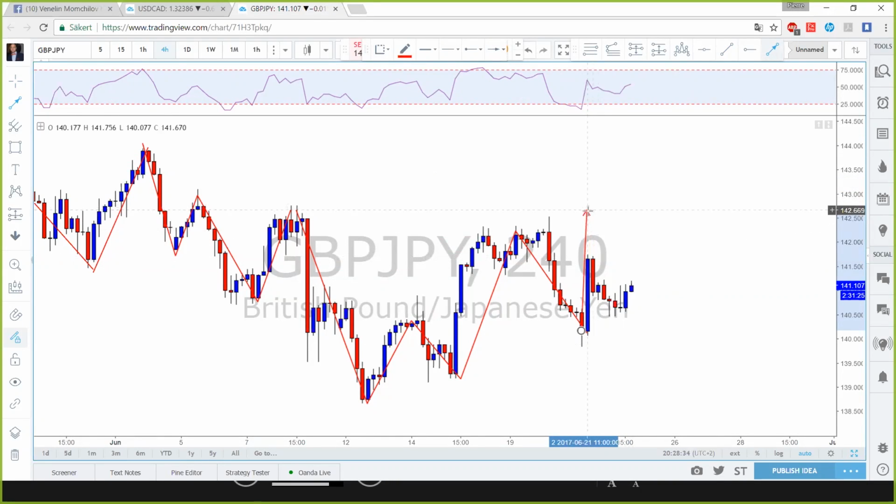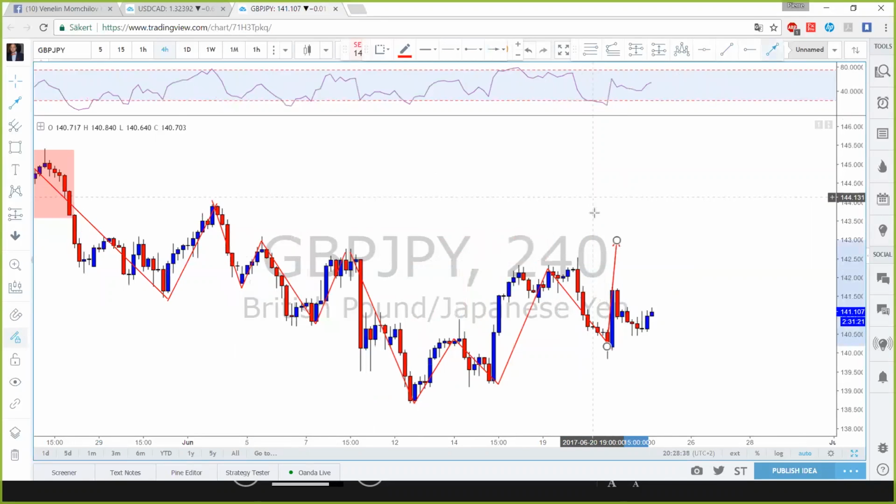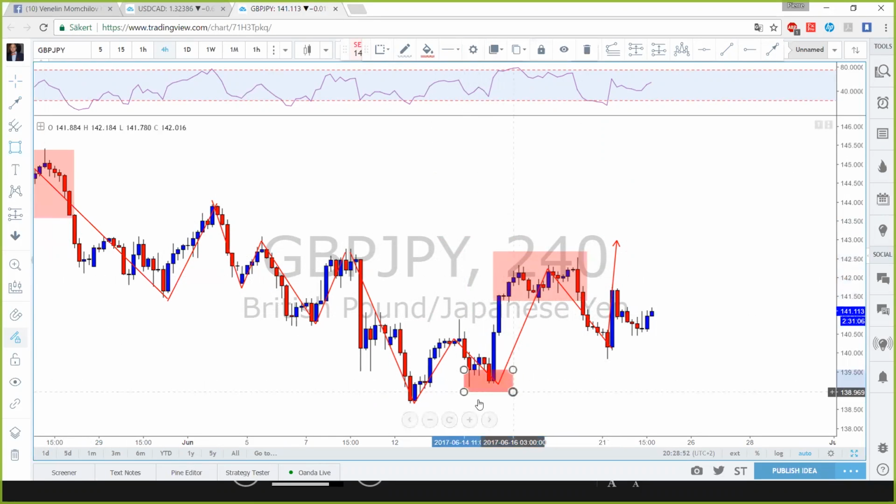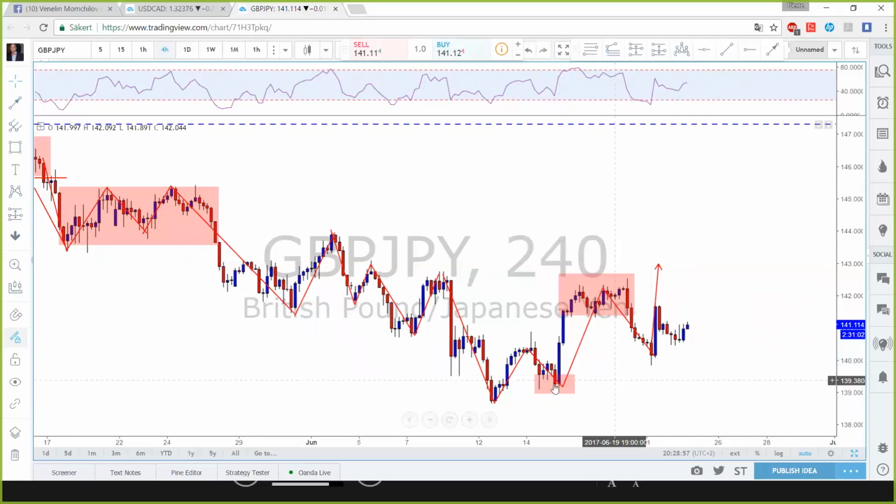But why I'm saying that, because we didn't get our second higher high yet. So this here now is our first higher high, higher than this high here. And this low here is higher than this low. So we have our two higher lows now.